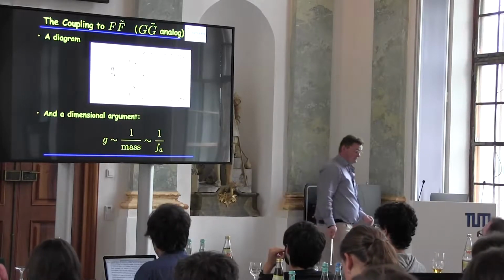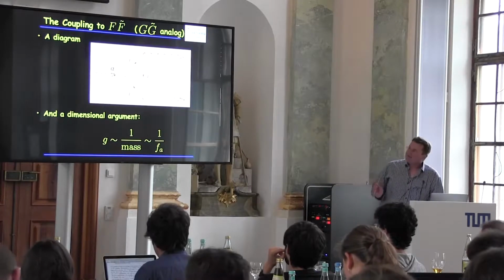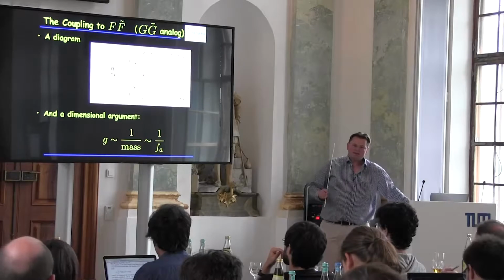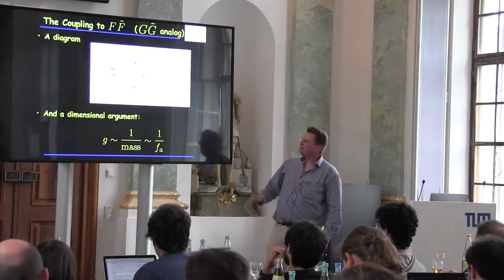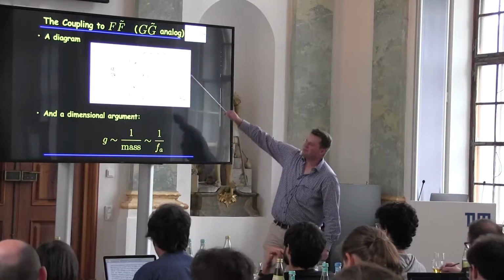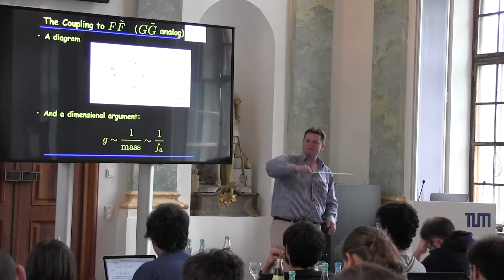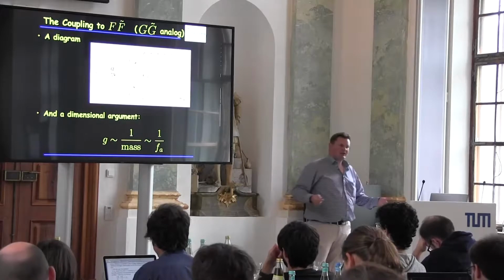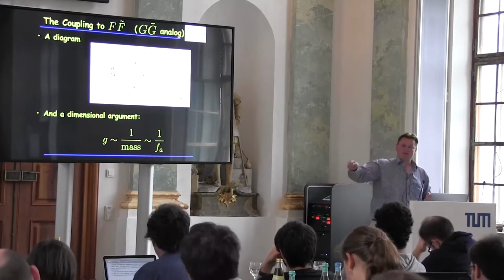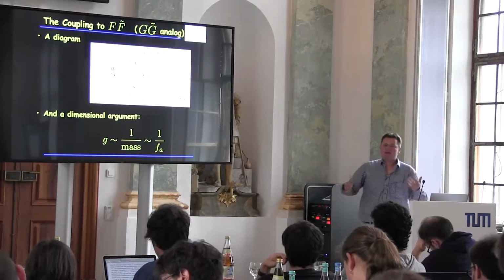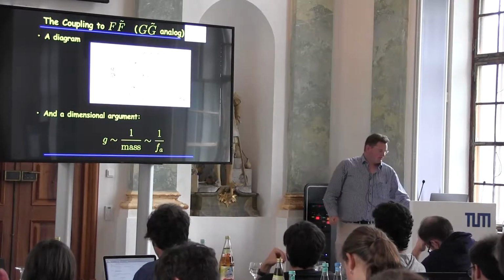So you have an anomaly. And this is something, if you think a little bit about it, that you should have. Because after all, we want to equip our Goldstone mode, which has no potential, suddenly with a potential. It arises from QCD. So it seems like QCD is breaking or making our symmetry anomalous.